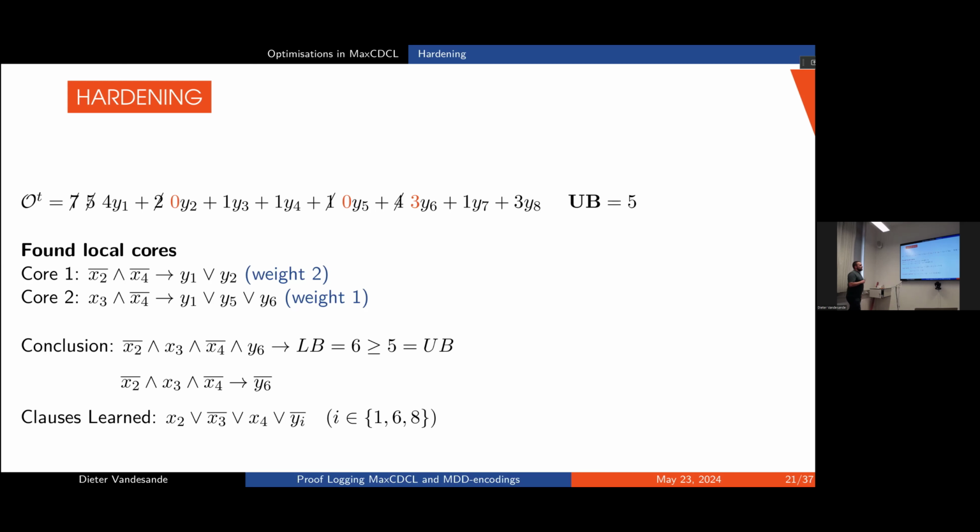And in fact, we can also do it with y8, because the same reasoning goes for y8. We have weight of 2 because y1 or y2 needs to be satisfied. We have weight 3 because one of these needs to be satisfied. If we, on top of that, satisfy y8, we have a lower bound of 6.